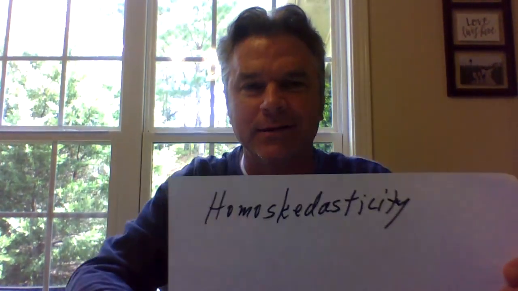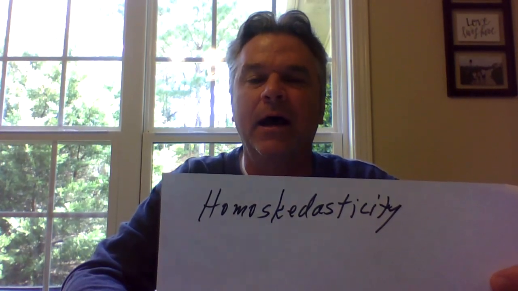Next assumption of OLS is what is called homoskedasticity. And you can pause this if you need to. Homoskedasticity. I'm sure a lot of jokes have been made about this over the years.